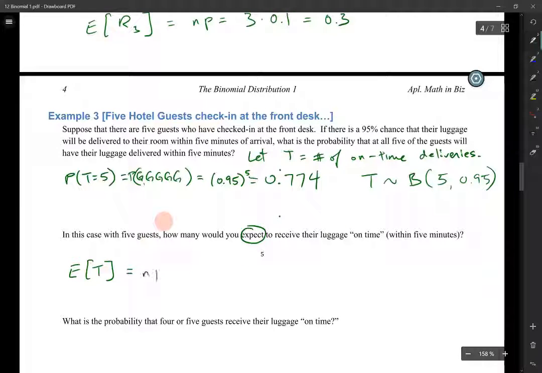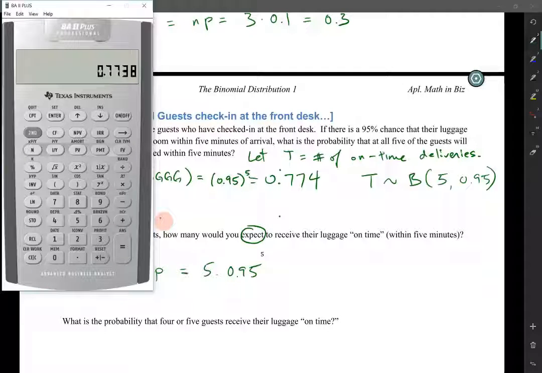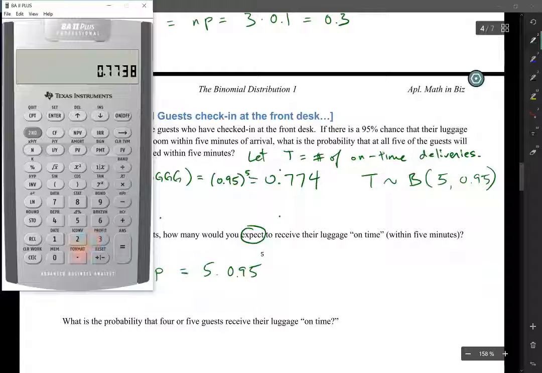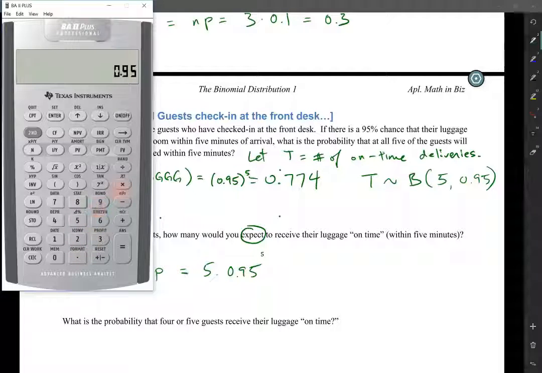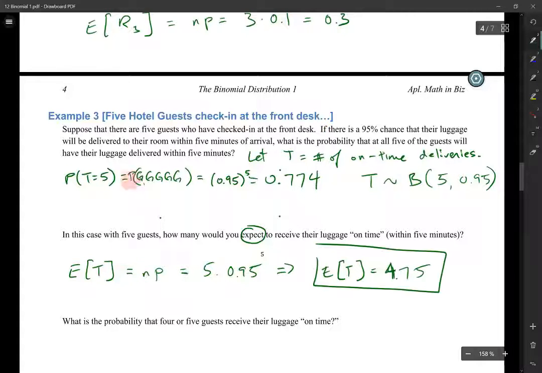We know the expected value is NP, so that's 5 times 0.95, and so if we can just check that, 0.95 times 5 is equal to 4.75. And so what is the probability of 5?